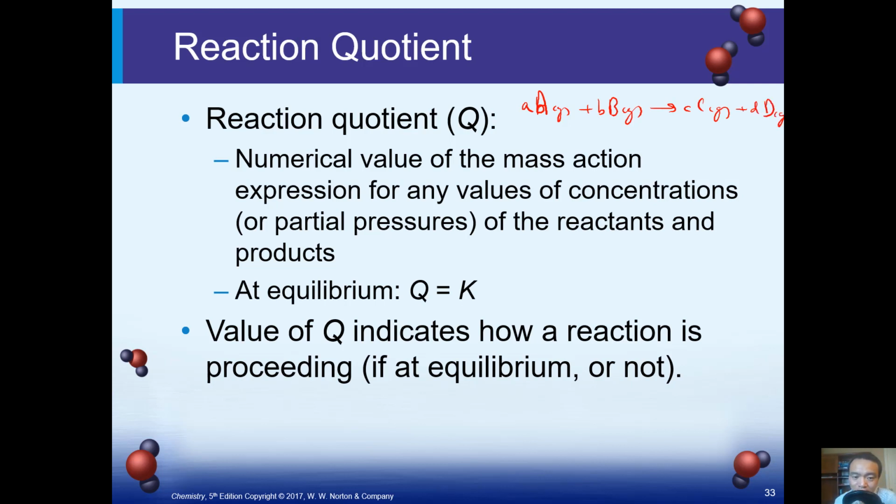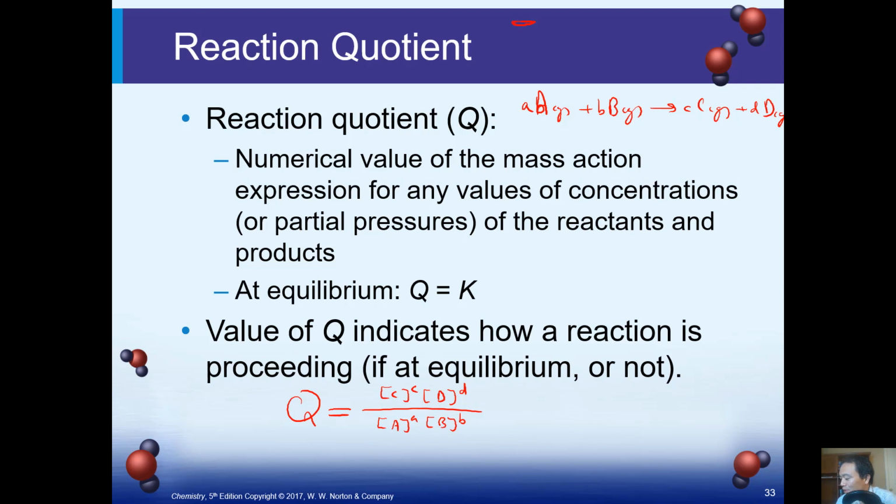You would define Q. So here's how you define Q. Q is [C] raised to c, [D] raised to d, over [A] raised to a, [B] raised to b.